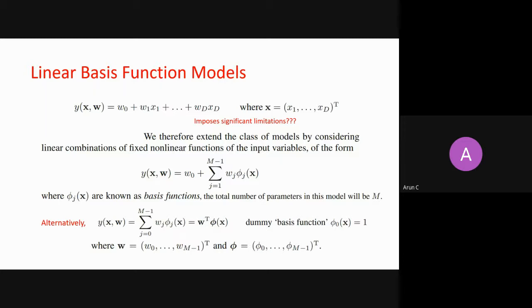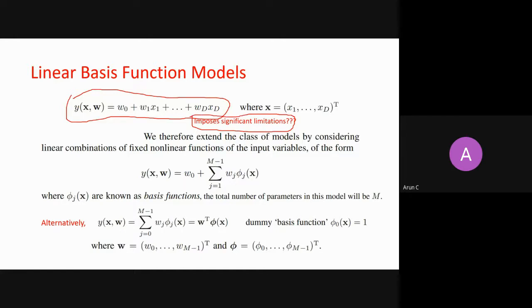So in short, we assume that data is linearly separable in m dimension, and then you are trying to find a hyperplane. Fine. So you started with this form of model, then we said that because of this constraint, we cannot find a decision boundary for data which is non-linearly separable.